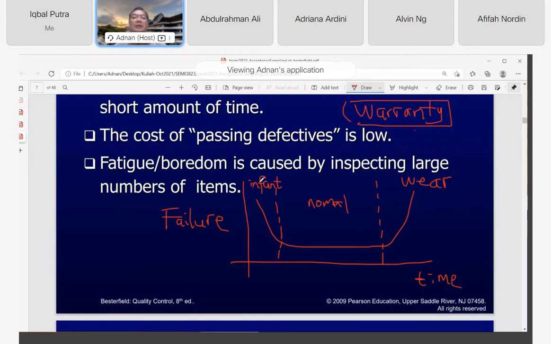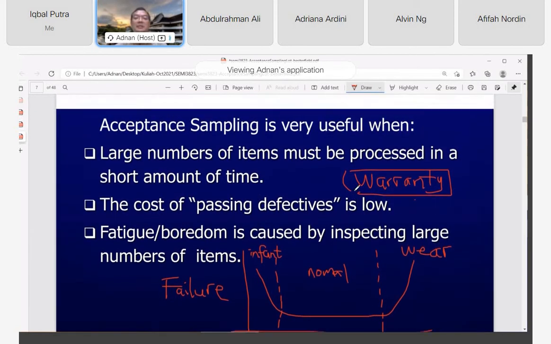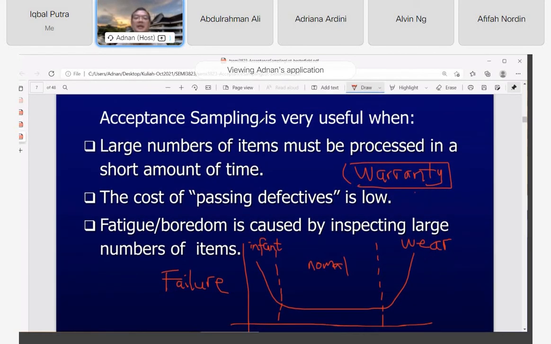So what I'm showing here relates reliability and sampling. Let's go back to acceptance sampling. Acceptance sampling is where we want to decide either to accept or to reject the shipment or product.